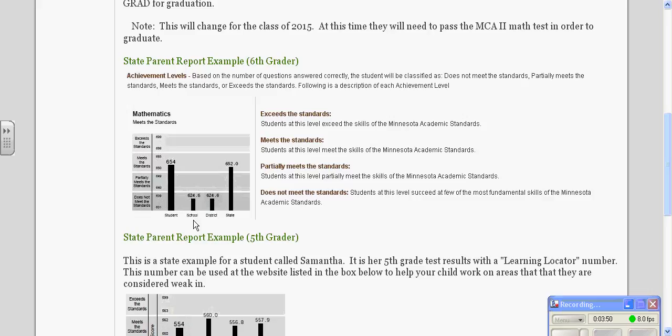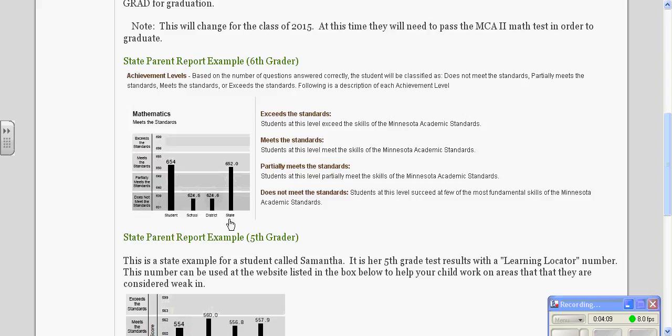It shows you the school score, the district score, their averages, and the state average. So based on this particular student, they scored much higher than the average of the school, the district, and a little bit better than the state average.